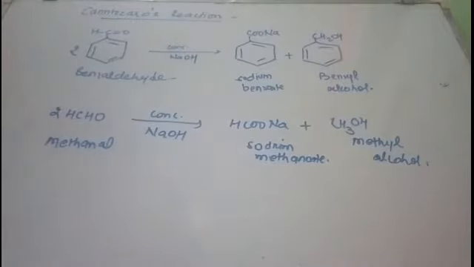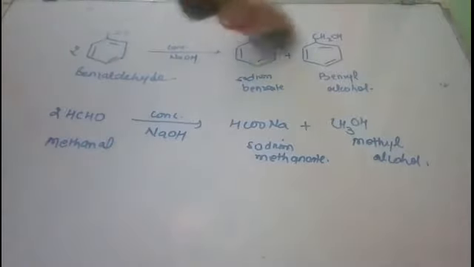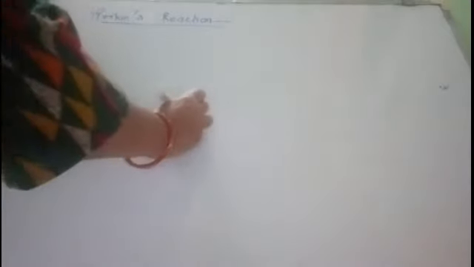Okay, now the next reaction which we will study is Perkin's reaction. Students, one more thing, that when we are carrying out the cross aldol condensation, in which one of the molecules you are taking is benzaldehyde, the other may be any aldehyde or ketone, that reaction is known as, please note down because I have forgotten there, Claisen-Schmidt reaction.